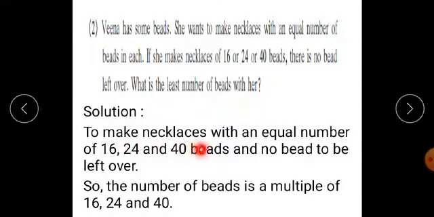Solution: to make necklaces with an equal number of 16, 24, or 40 beads and no bead to be left over, the number of beads is a multiple of 16, 24 as well as 40.